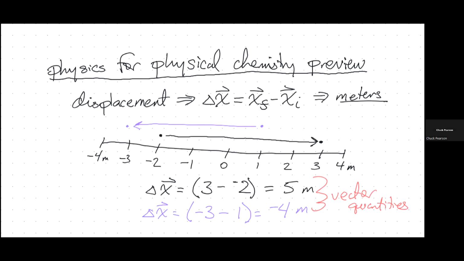But we do need to recognize vector quantities as they exist in other elements of physical motion. It will come up and it will be an important thing for us from time to time. So that's displacement. That's our first kinematic quantity. That's our first property of motion that we describe.